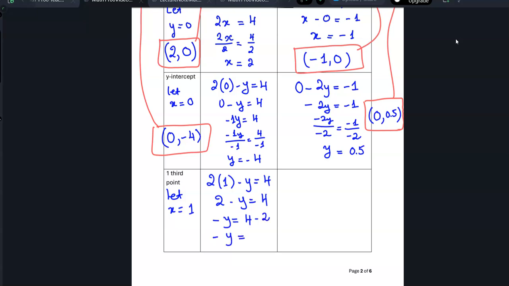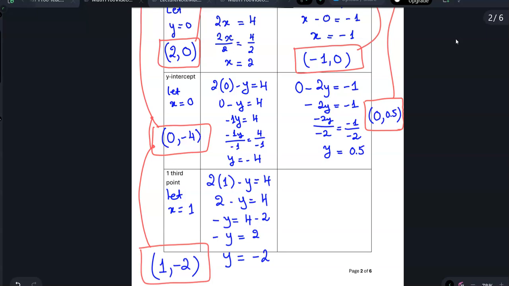So minus y equal to 2. So y is equal to minus 2. So the point that I'm going to have for this particular graph is 1 and minus 2. Okay, so circle this and make sure that it belongs to this particular graph.